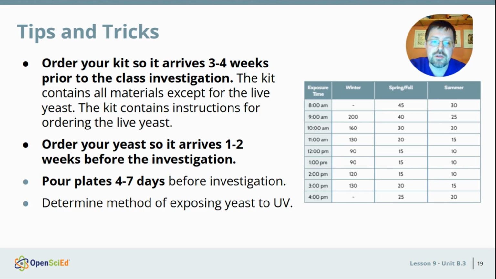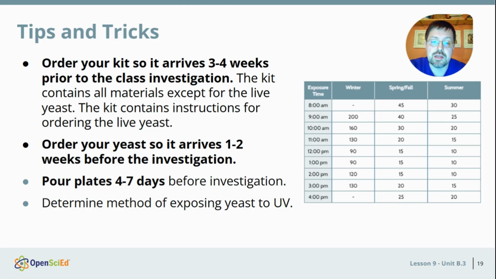The kit contains all the materials except for the live yeast. The kit contains instructions for how to order the live yeast. You should order your yeast so that it arrives 1 to 2 weeks before the investigation. You'll also need to pour your plates for the yeast to grow on 4 to 7 days before you're planning to do the lab.